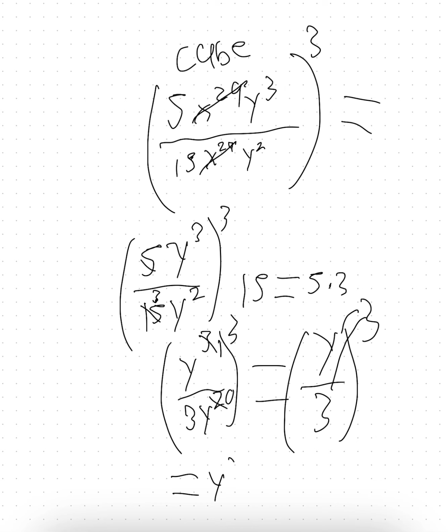So this equals y cubed over 3 to the 3rd, which equals y cubed over 27. That's our final answer. So we can't simplify it more.